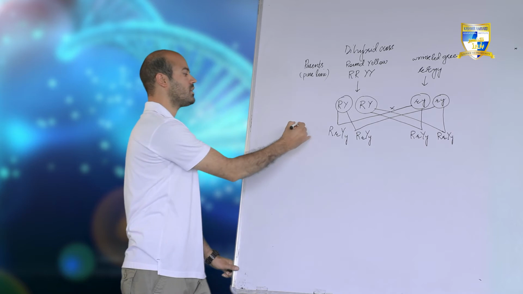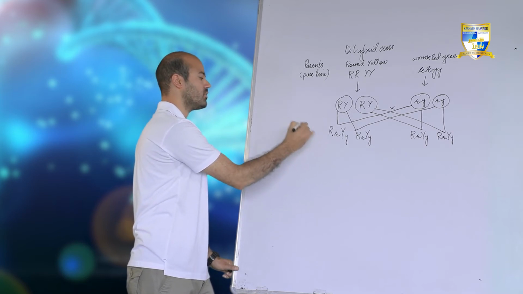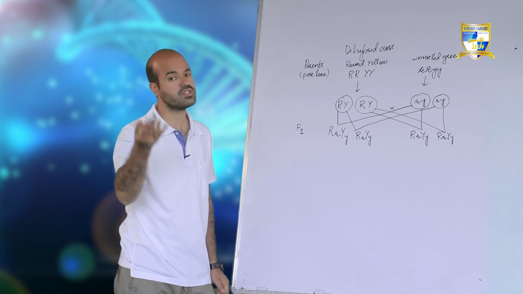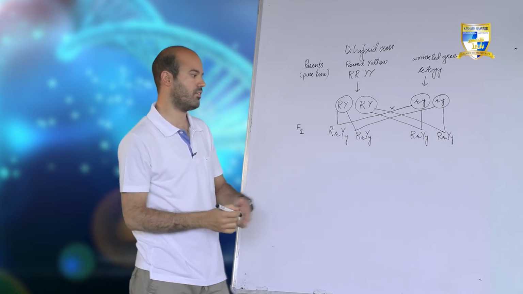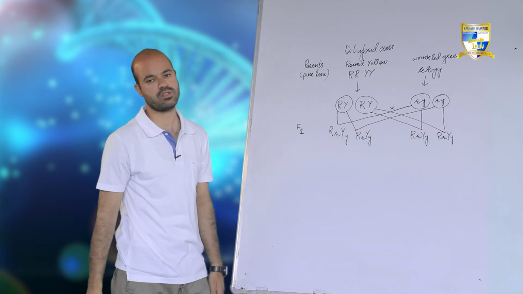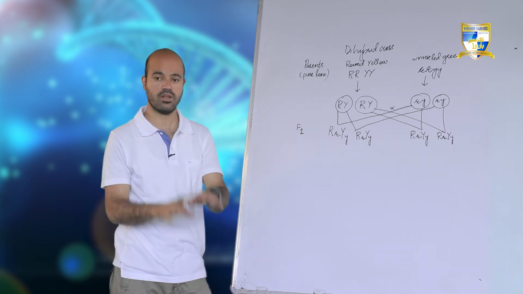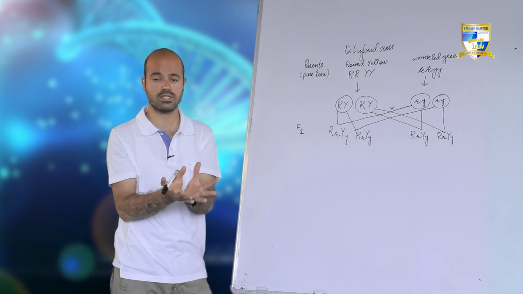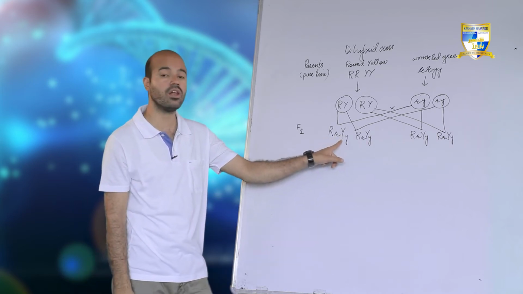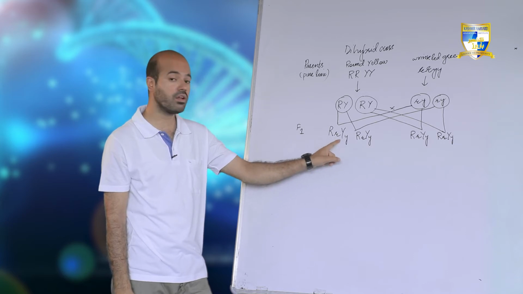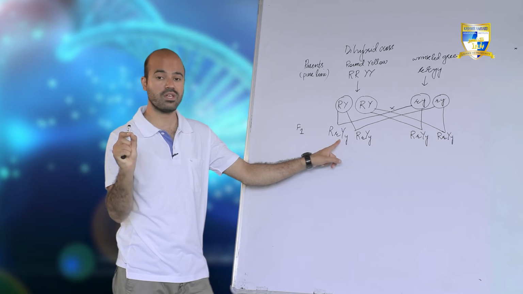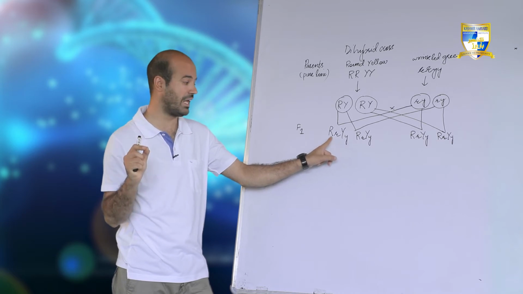This will be called the F1 generation, first filial generation. But when we observe this first filial generation of pea plants, all the plants will produce seeds which will possess a round shape and yellow color, because there is law of dominance followed here.